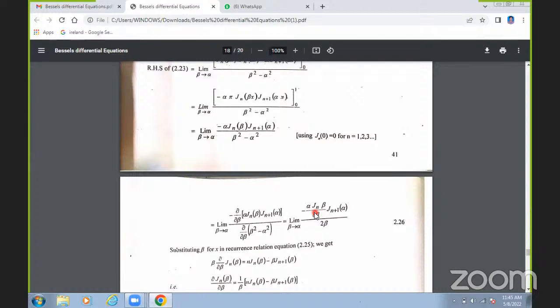Bessel functions are used in physics. I'll tell one application.